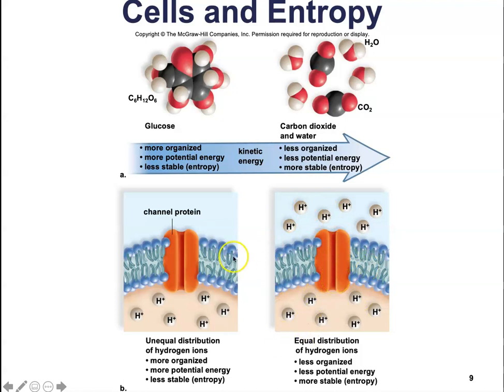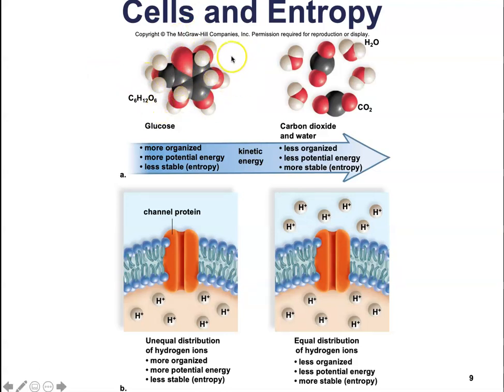So the idea in biology is that entropy refers to disorganization, and that things like a large glucose molecule or another large molecule have the tendency to be broken down. That's what's going to happen in that system, and therefore the large glucose molecule is less stable.